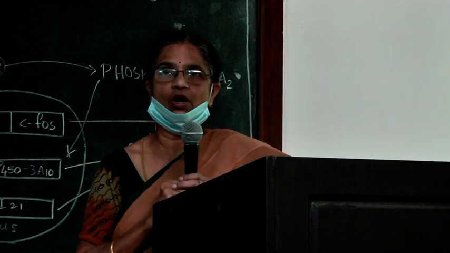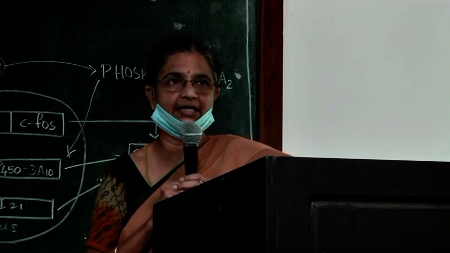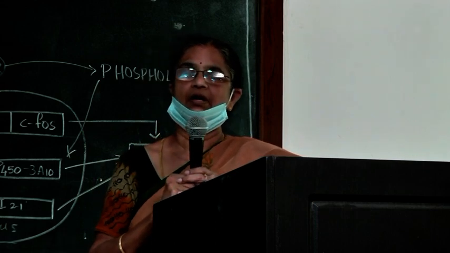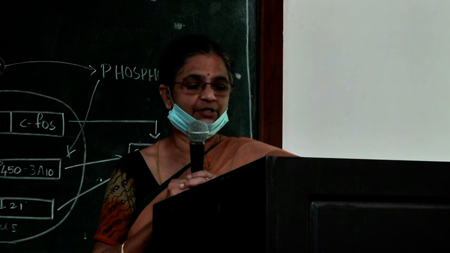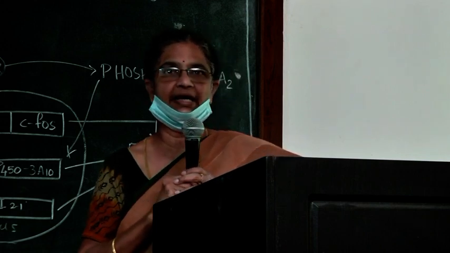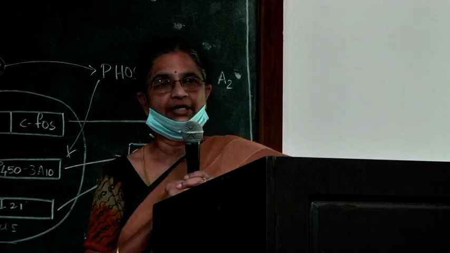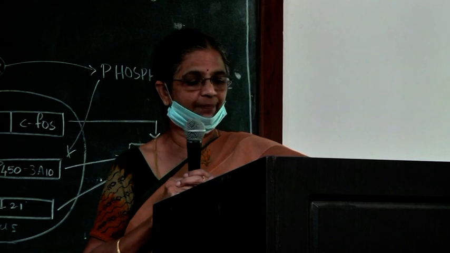So for you all to remember, the main thing that has to happen is the gene transcription, which results in the formation of different types of proteins, and protein synthesis is the main important task of the growth hormone on the human body.